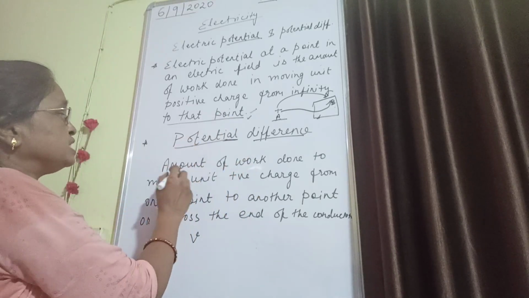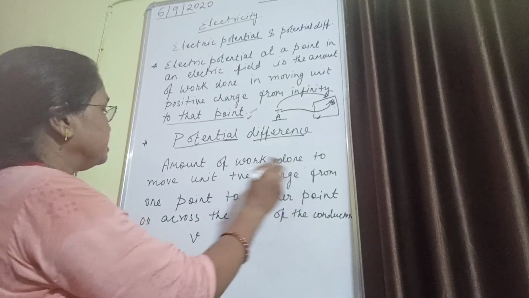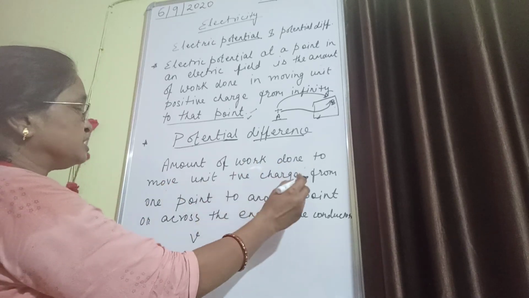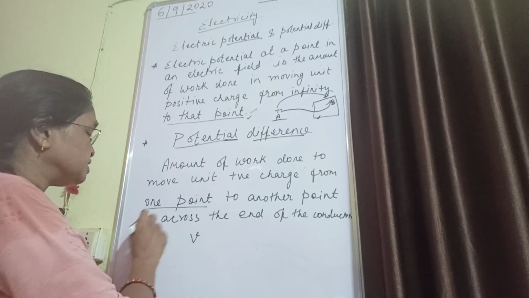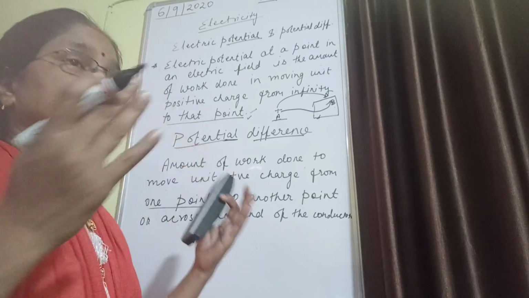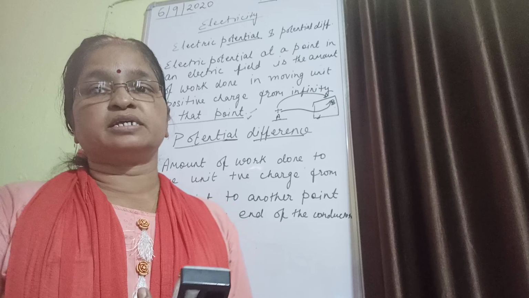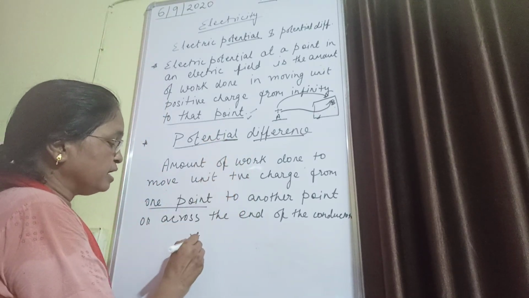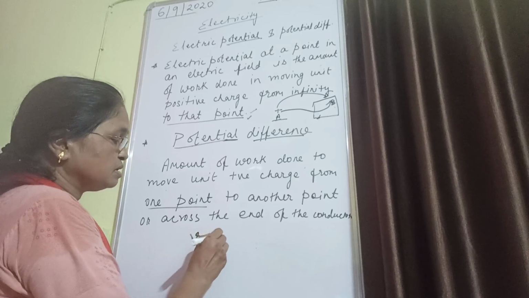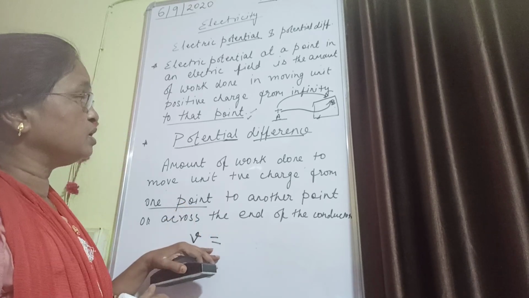Potential difference is the amount of work done to move unit positive charge from one point to another point, or across the ends of a conductor. Potential difference is denoted by V. So, what have you got?